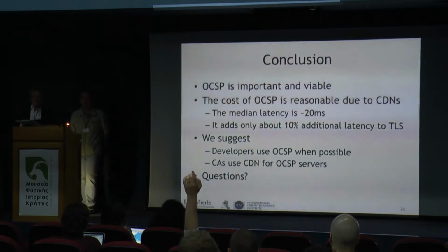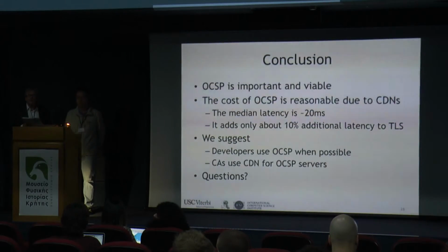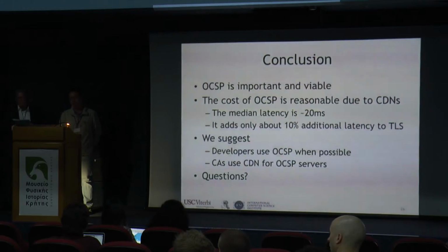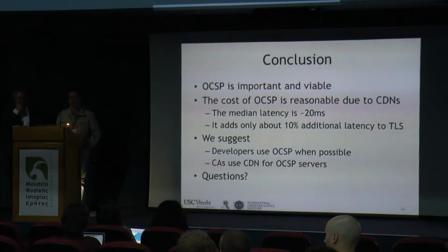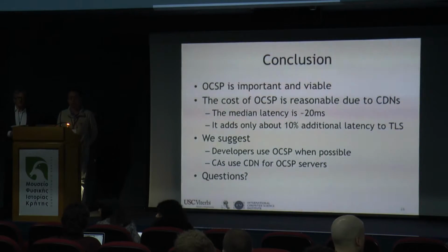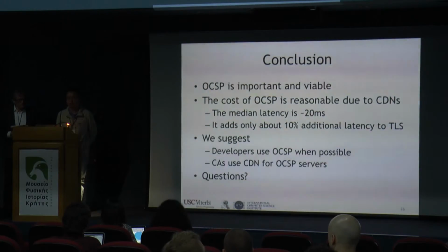Question: Both your traffic and your Alexa study are very CDN biased. First, does that generalize to the whole internet? And second, do you think there is a bias in the latency, that it's small because of sampling that is too CDN-centered? Can you repeat your question?